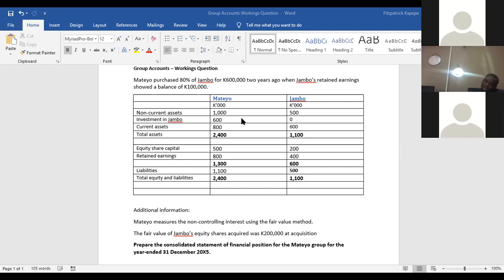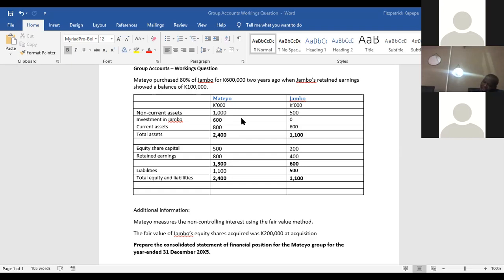Then they are saying that NCI acquisition. NCI at acquisition, isn't it? Yes. So what did we do?